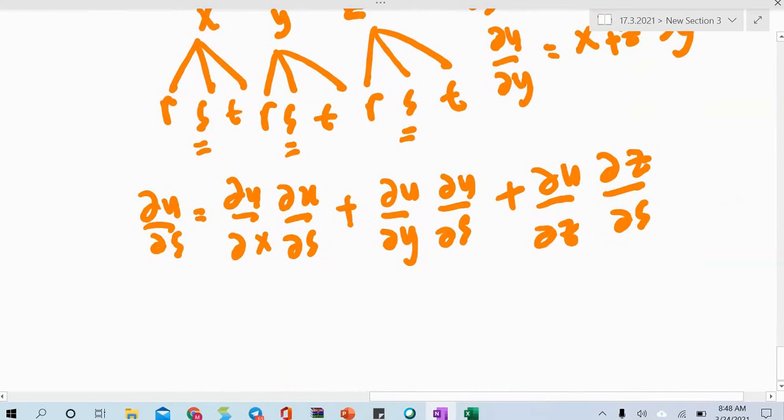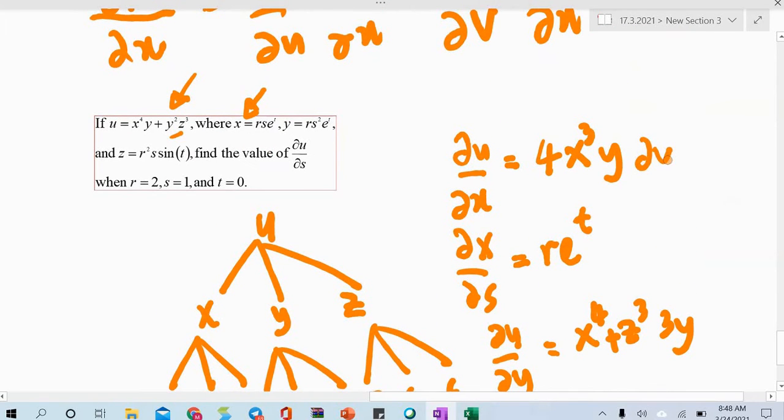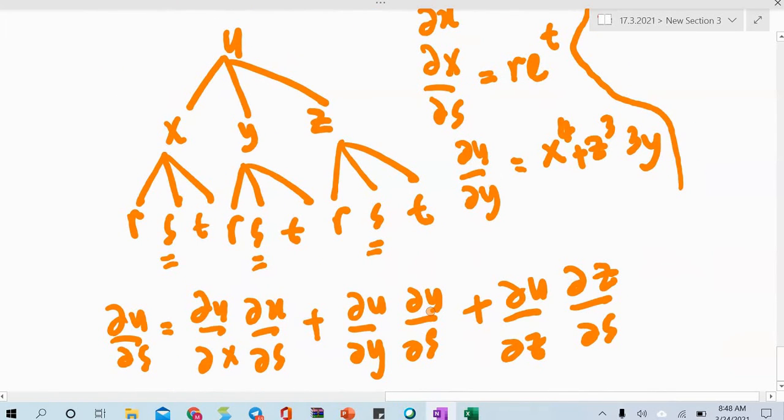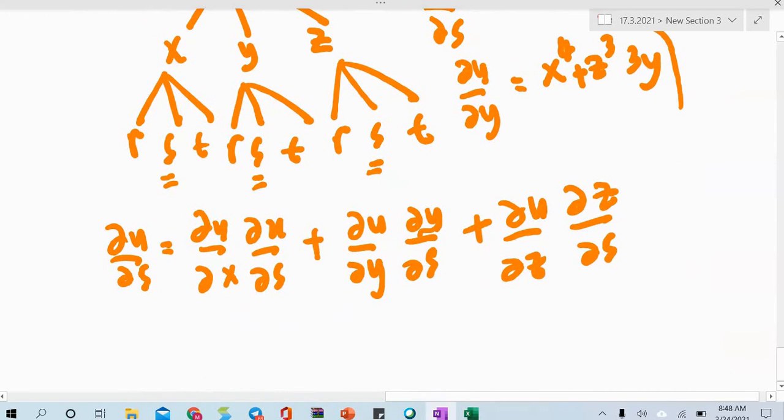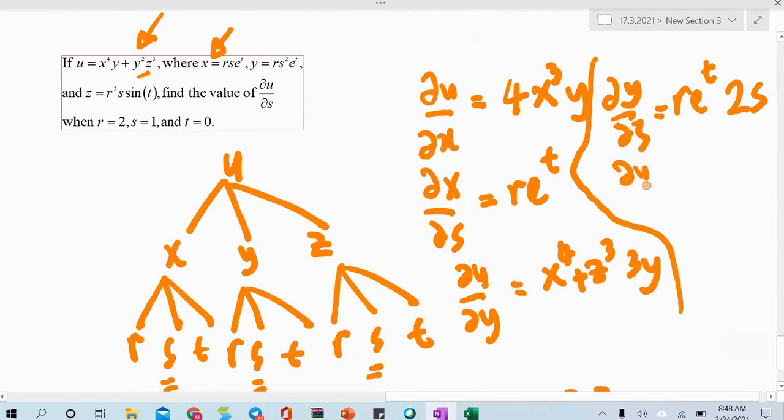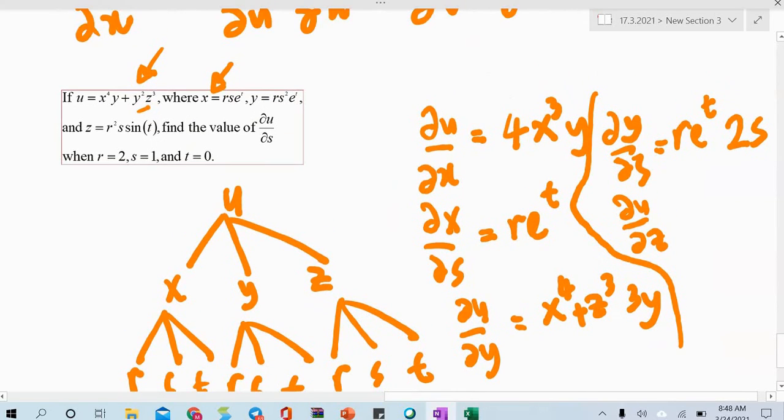And then del u del s, sorry, this is del y. Del y del s. Del s will be r, e is constant, s will be 2s. What else we have? Del u del z. Del u del z. Z will be x over 4, y will be constant, 0.